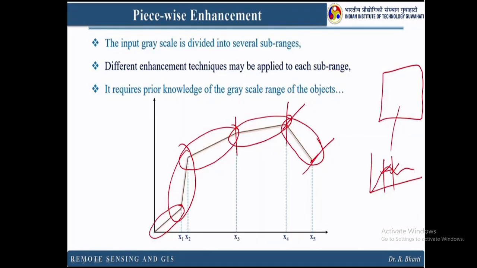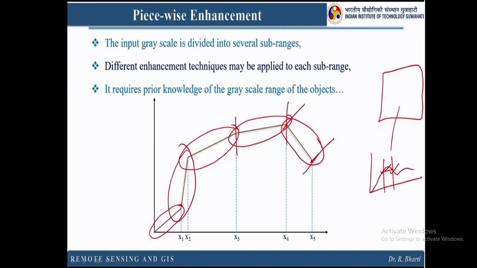In piecewise enhancement, the input grayscale is divided into several sub ranges. A different enhancement technique may be applied to each sub range, and it requires prior knowledge of the grayscale range of the object.